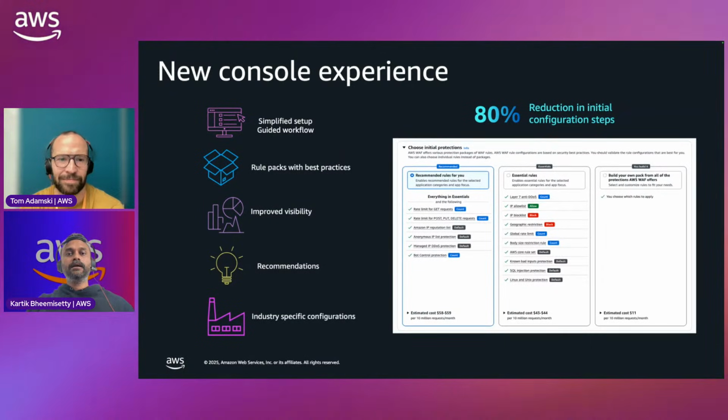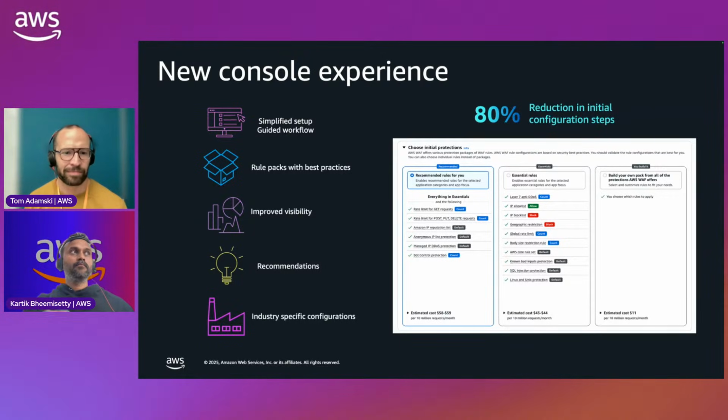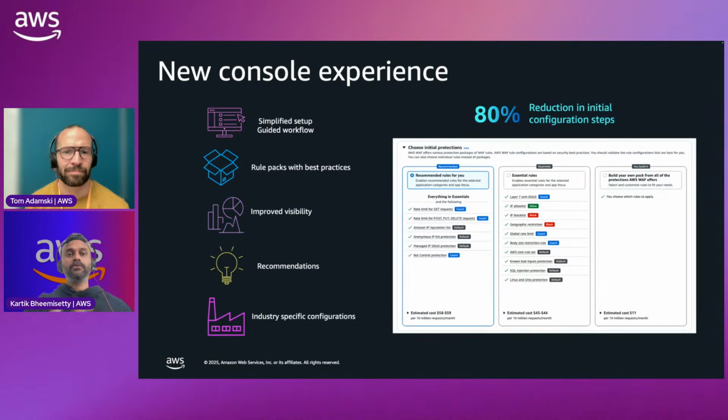Now with simplified guided setup and workflows, it provides different options for you to select a particular industry, and then it gives you the different rules you want to start with, and also gives you a price estimate. It's quicker to apply WAF in your production, and it also provides rule packs with best practices. We call it the production pack. If anyone has used the AWS WAF CLI, it's still the same functionality, but the console experience is much better for configuring WAF.